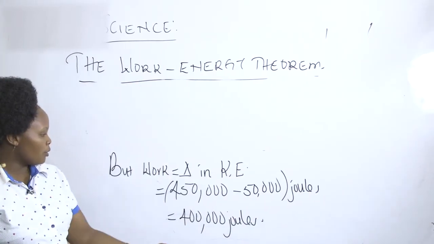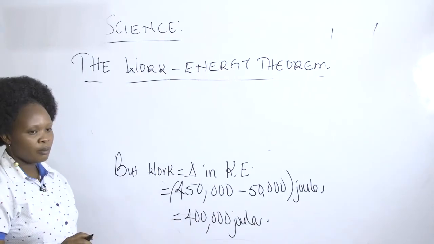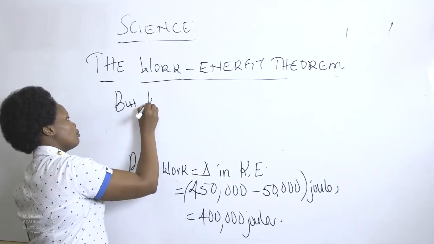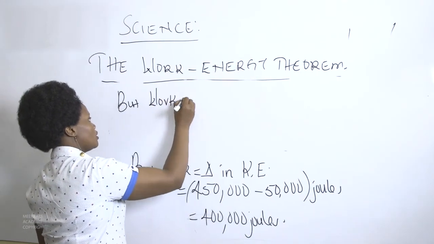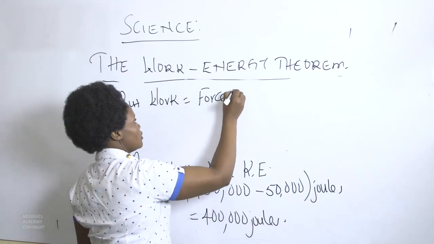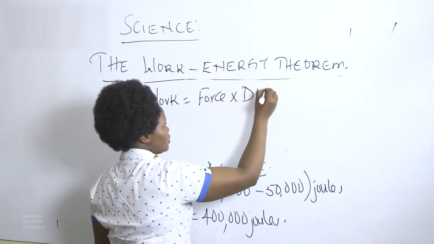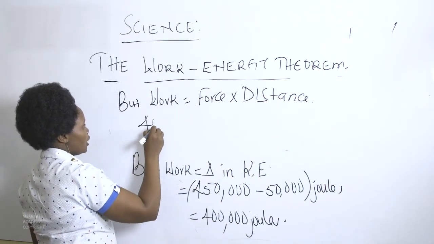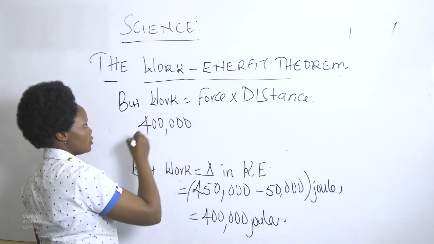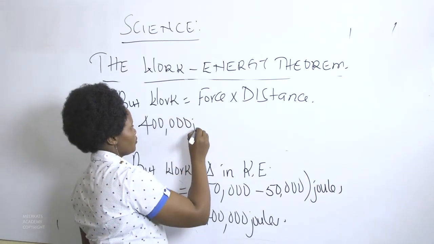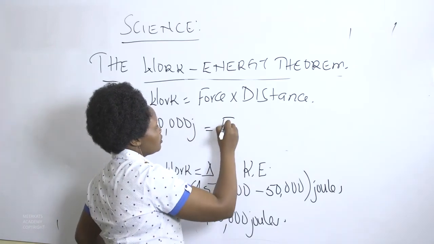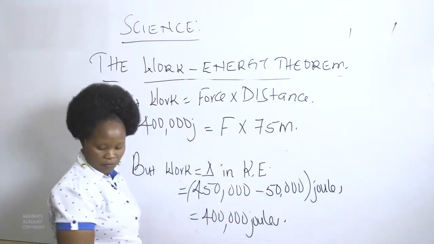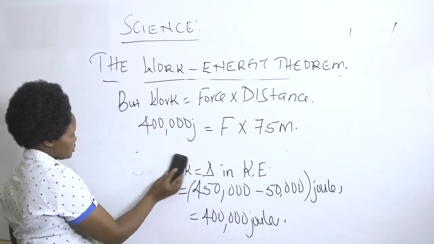But we are not interested in the work done by the braking force. So, how will the work done enable us to come up with the braking force? Work is force times distance. Therefore, our 400,000 joules is equivalent to our braking force times our distance, which is 75 meters.